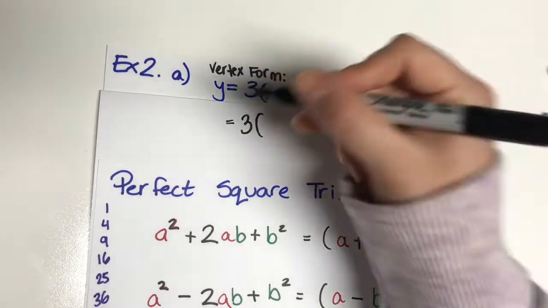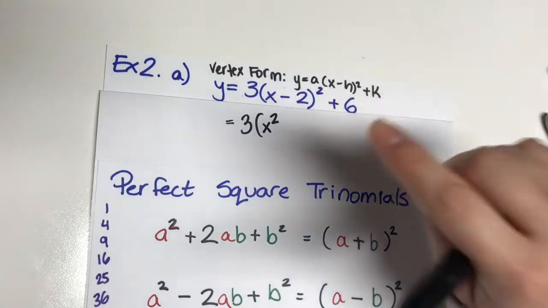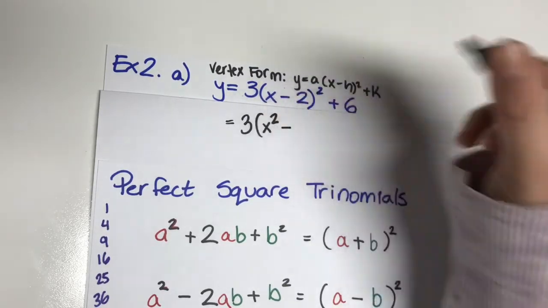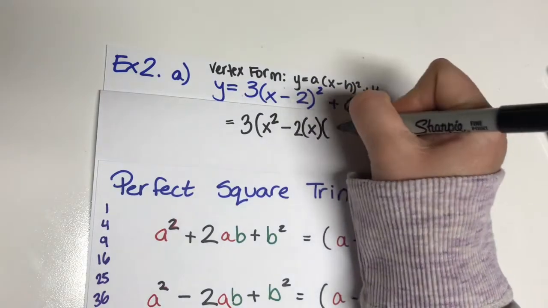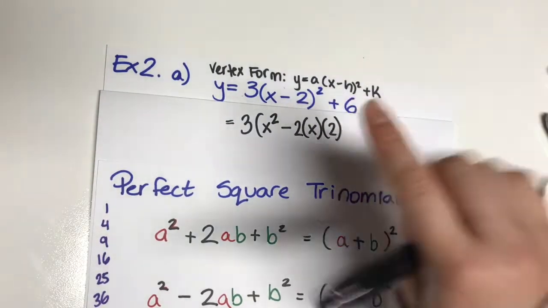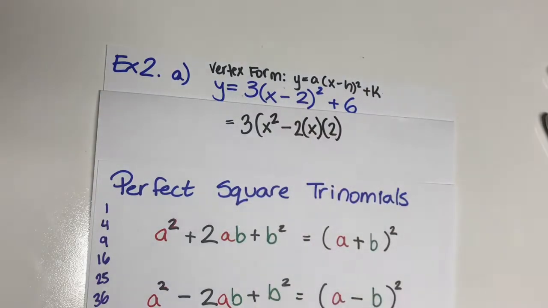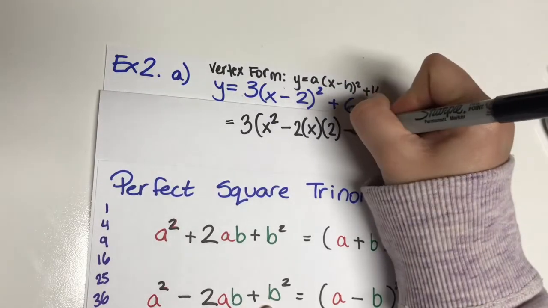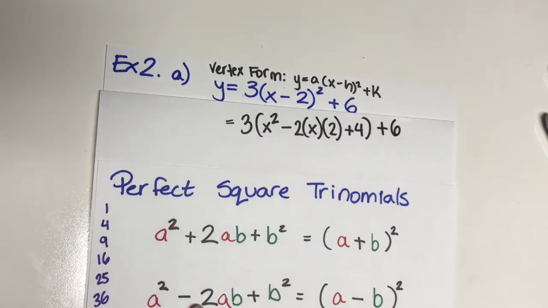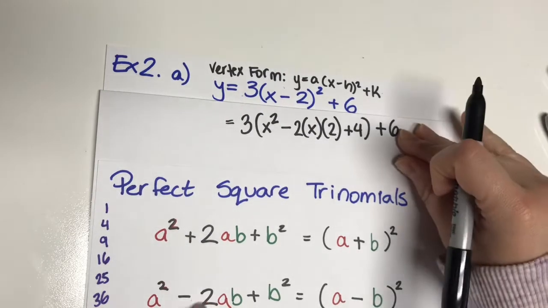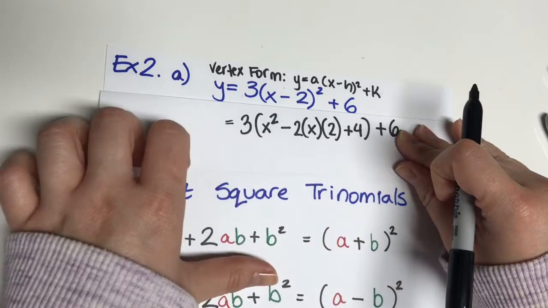So x squared, this is a minus sign, so minus 2 times x times 2, and then I'm going to square the second number. So negative 2 squared is plus 4. So this is kind of like working backwards, and it makes it faster because eventually you'll be able to do this part in your head.